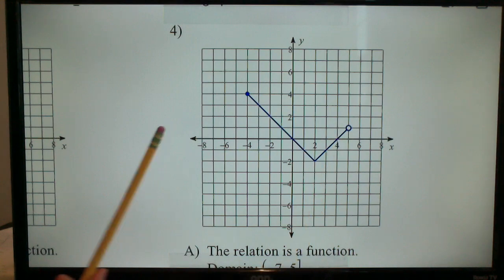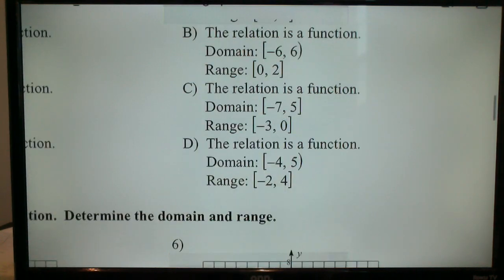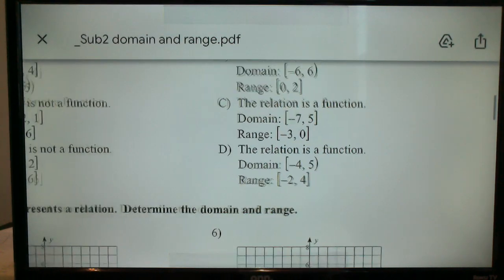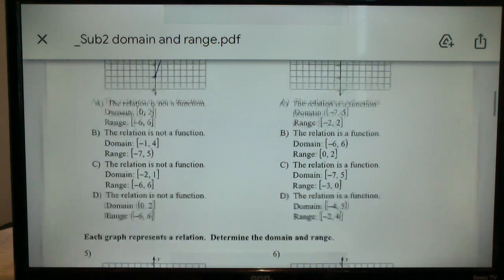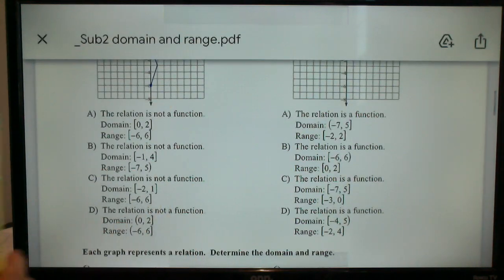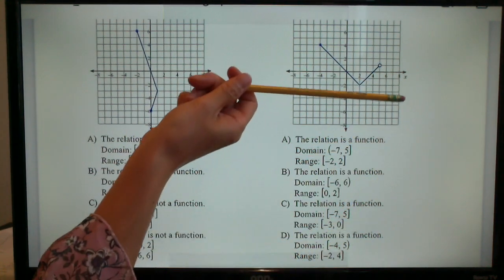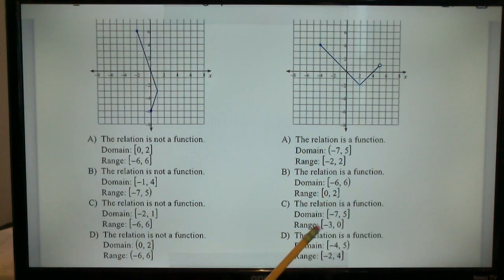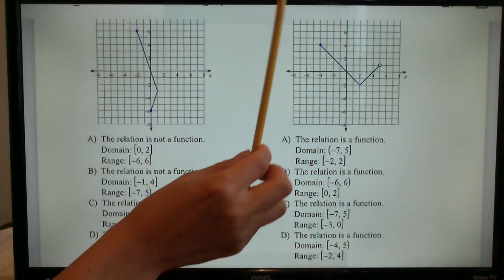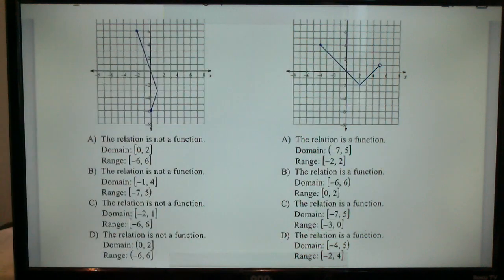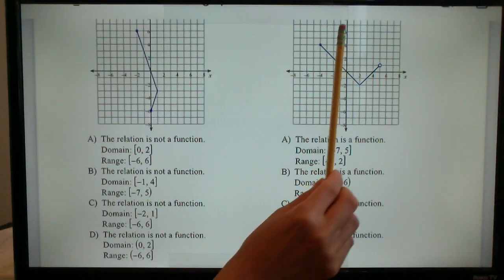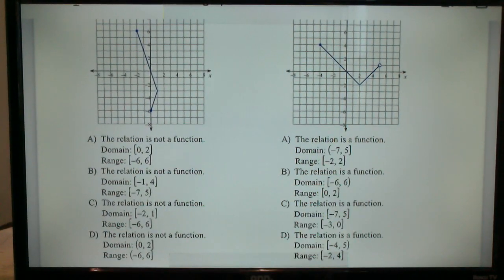So that is a function. So what's the answer? The answer is D. So domain, -4 closed, 5 open, range, -2 closed and 4 closed. And this is a function because one x has one y value each. If x has 2 values at the same time, that's not a function.